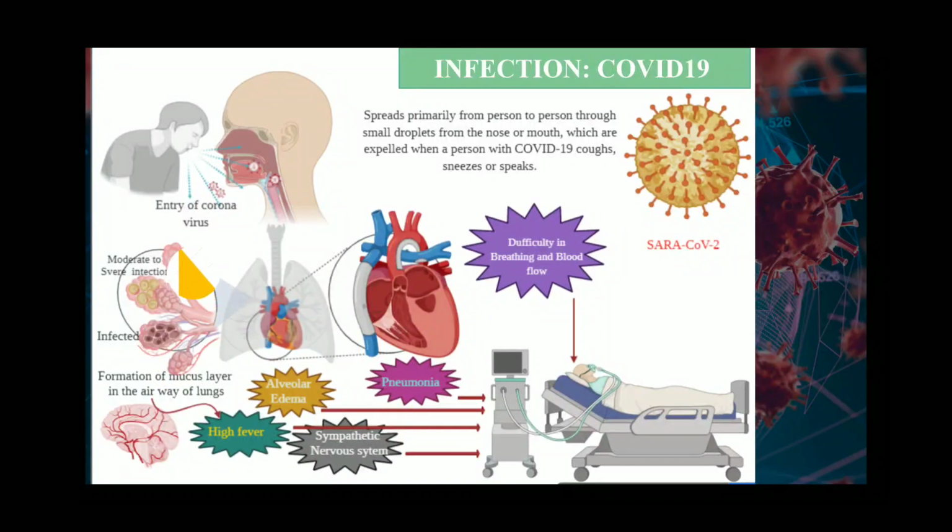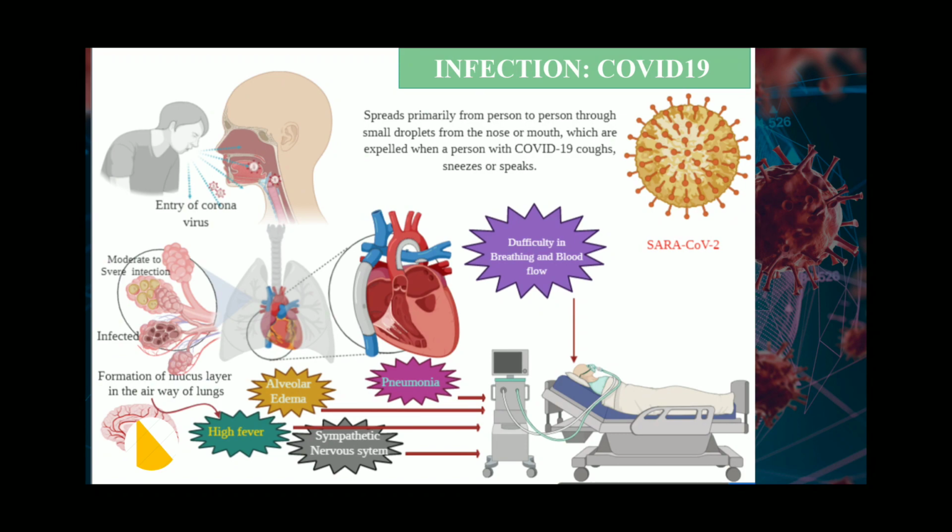Okay, when this infection occurs, a mucus layer forms inside the airways of the lungs, and due to that, different types of cells from our immune system get activated, like your macrophage, monocytes, B cell, T cell.